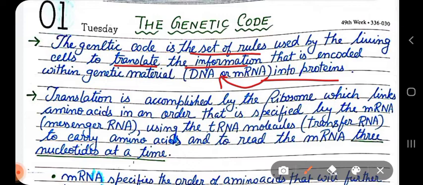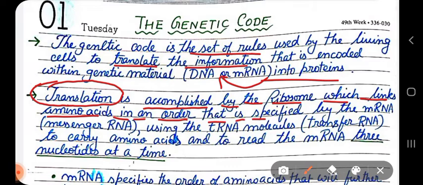Now, we know that translation is the main process for conversion of this genetic material into proteins, and the whole translation process is accomplished by the ribosome, which links the amino acids in an order that is specified by the mRNA.